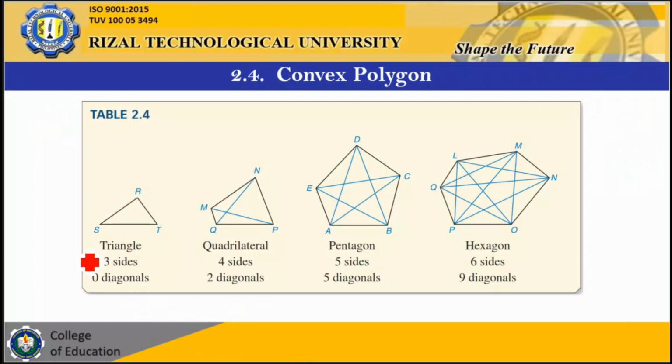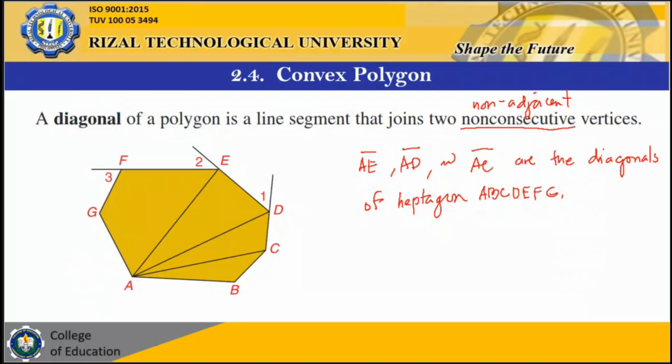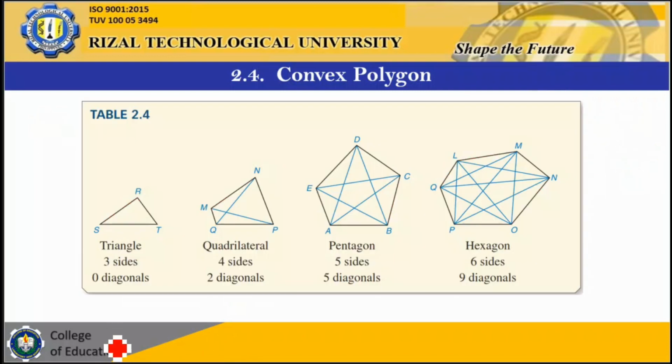Next, given that we have a triangle with 3 sides, then we can say that it has no diagonals, because basically we define a diagonal as a line segment joining two non-consecutive or non-adjacent vertices. So in this case, a triangle has none of it.